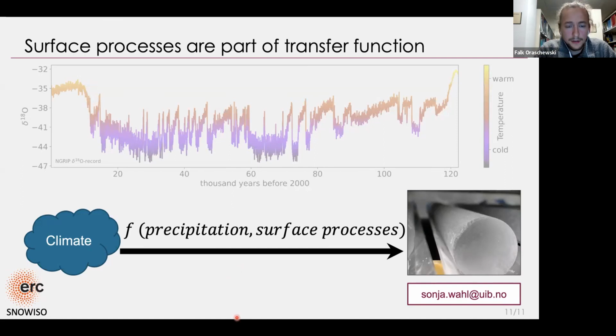I would also have a question to this last slide. When you have in the ice core record a signal of precipitation and of surface processes at the same time, like you said, we have more information in there, but wouldn't it also maybe disturb each other? Well, the signal that we are analyzing when we analyze an ice core is always just one signal, right?